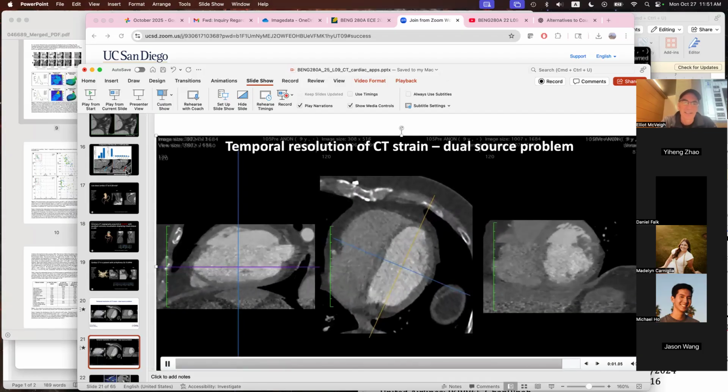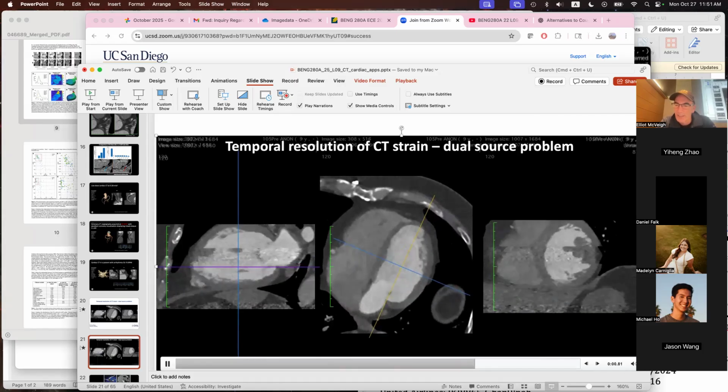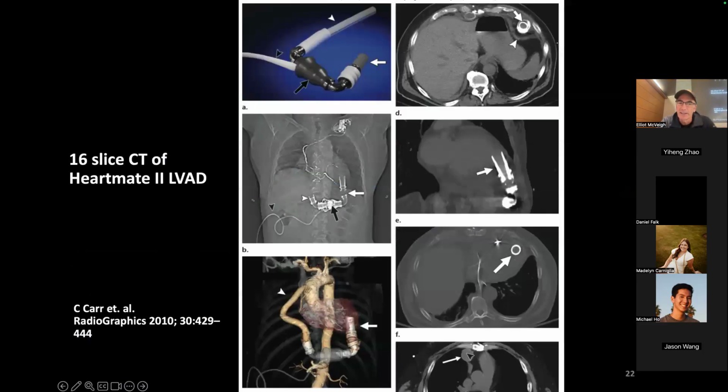Okay. I think I can go back to this. Now the other advantage of cardiac CT over echo and MRI is you can have something like this in the patient, right? And this is a HeartMate. It's a left ventricular assist device.